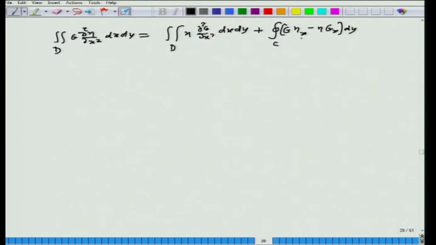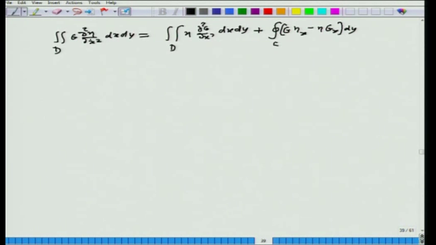So, we get the same thing here, and this is now higher order derivative integration by parts, because now two derivatives are being shifted on g here.